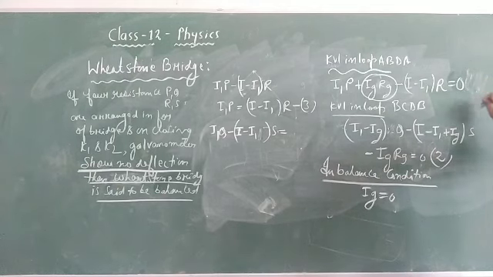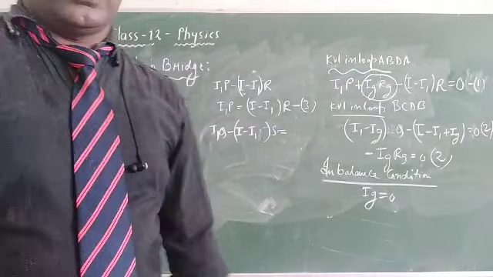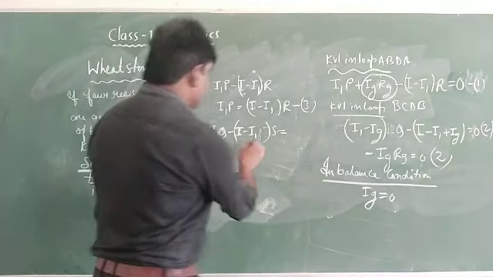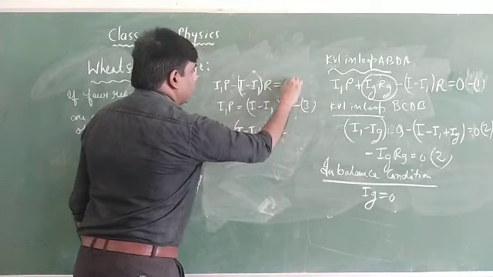Equation 1. Because KVL says that total potential must be equal to 0, right? Now see, here we will write again 0 equals 0.